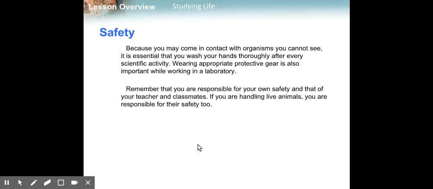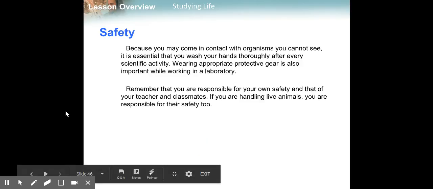So you have to try to be safe about that. Again, we're not using anything terribly dangerous, but still try to keep yourself safe. Make sure you wash your hands, wear appropriate protective gear, depending on the lab we're doing. And that is the end, I guess.